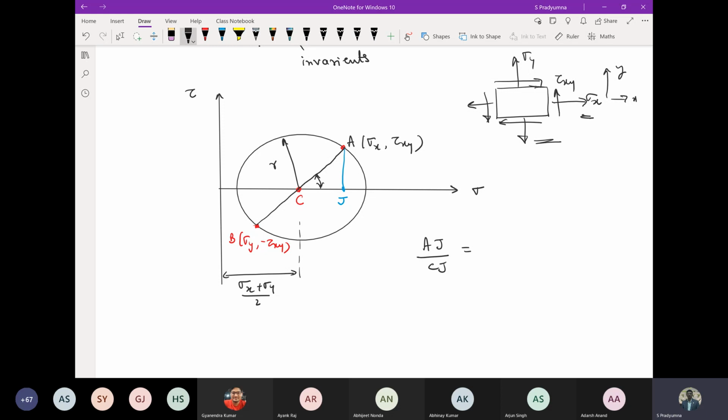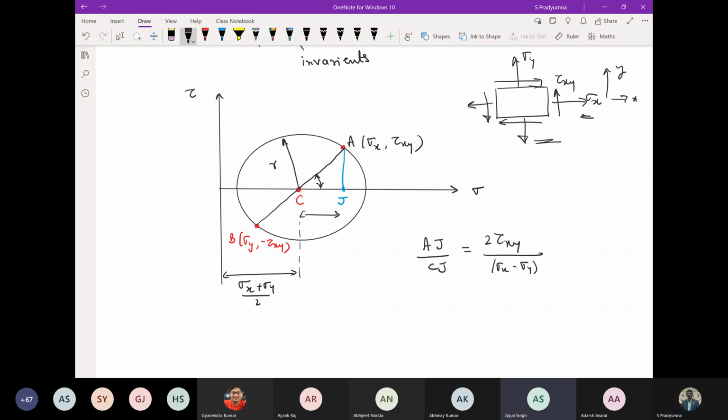AJ is equal to tau xy, and CJ is equal to sigma x minus sigma y divided by 2.